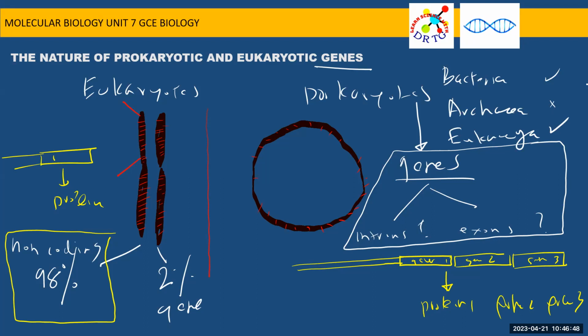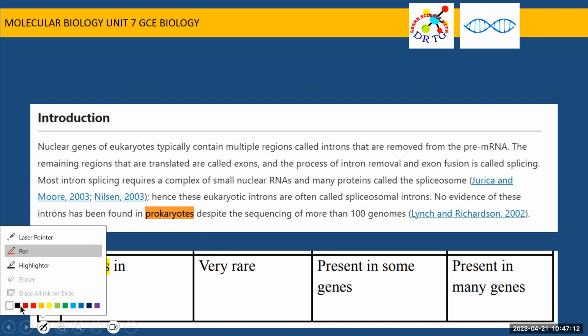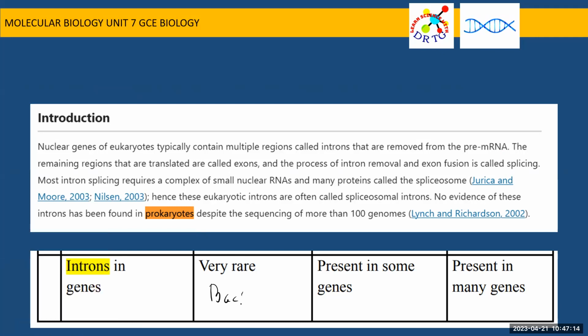How familiar are you with the resource book? In unit 2, I take these tables: the comparison of archaea, bacteria, and eukarya. Now it says introns in genes: bacteria, very rare; present in some genes in archaea; and eukarya, yes.